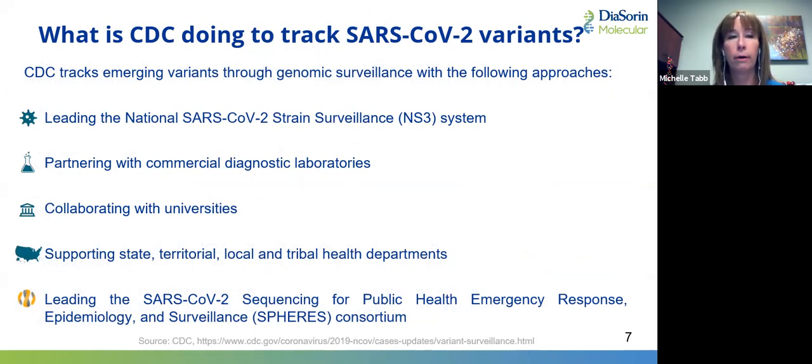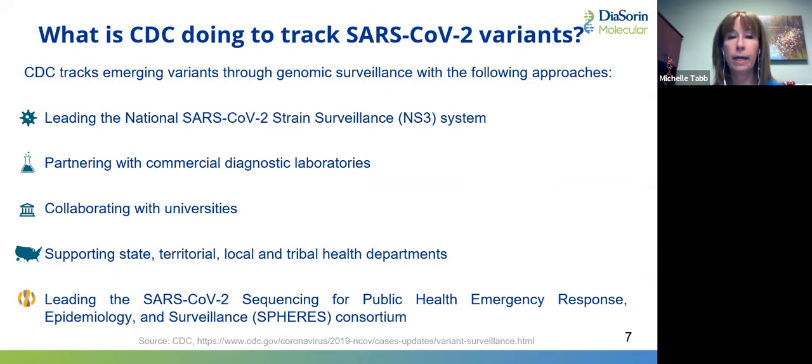Just to give you a little background here, there are a lot of sequencing and surveillance efforts going on. The CDC is tracking the variants through genomic surveillance, and other health agencies in different countries are as well, including the WHO. But here with the CDC, they're leading what's called the NS3, which is the National SARS-CoV-2 Surveillance System.